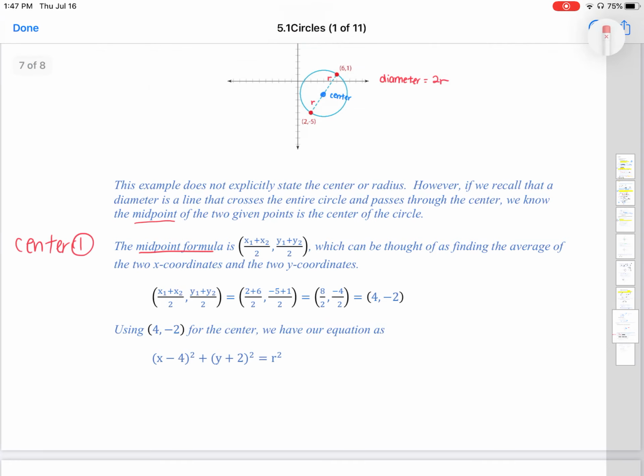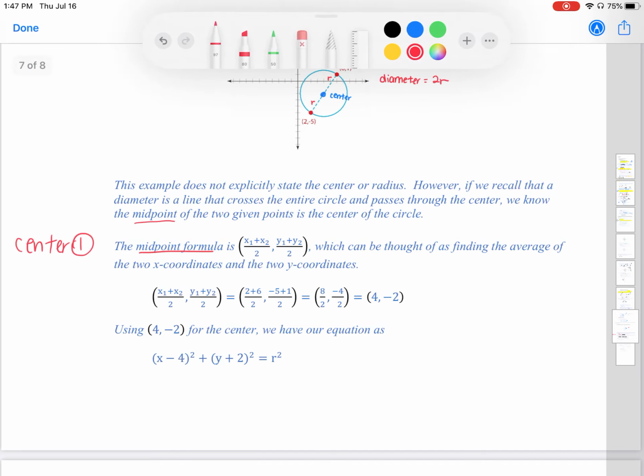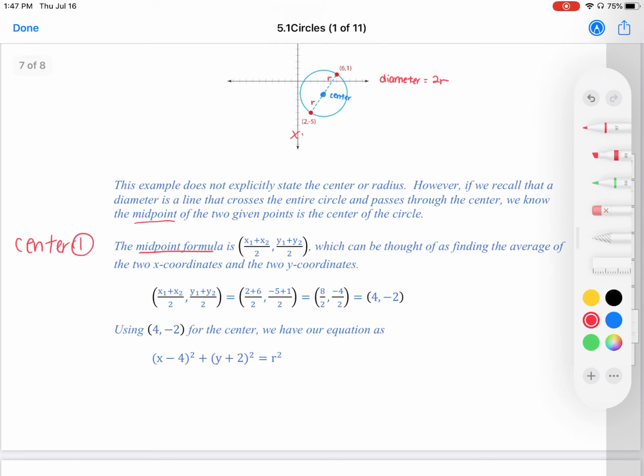Your text has this as x1, y1, x2, y2. All right, so x1 would be 2 and x2 would be 6. We'll divide that by 2. Our y1 would be -5, y2 would be 1, and we divide that by 2.